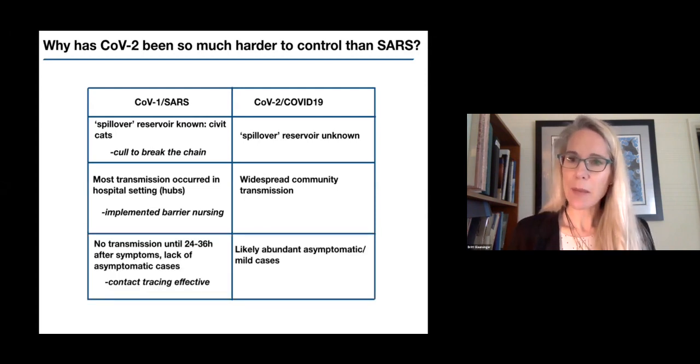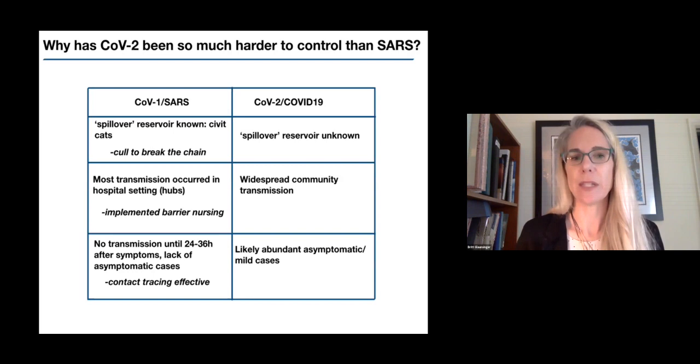And then finally, and perhaps most importantly, for SARS-CoV-1, there was no transmission from person to person until 24 to 36 hours after the onset of symptoms. And as far as we could tell, there were no asymptomatic cases either.